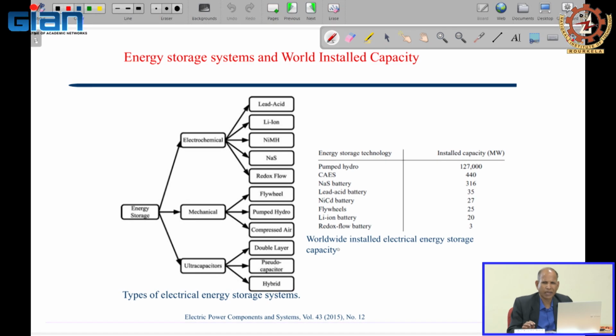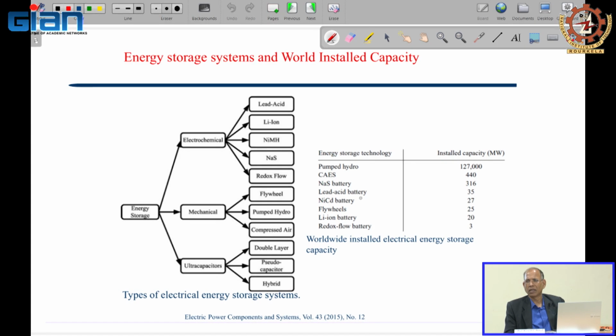If we see for these different types of energy storage how much capacity has been installed, the slide may not be very recent, but it will give you some idea of the largest size of the storage system we talk about.